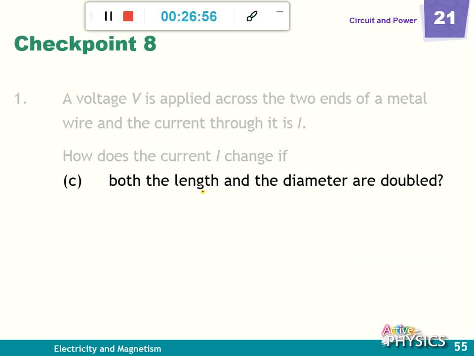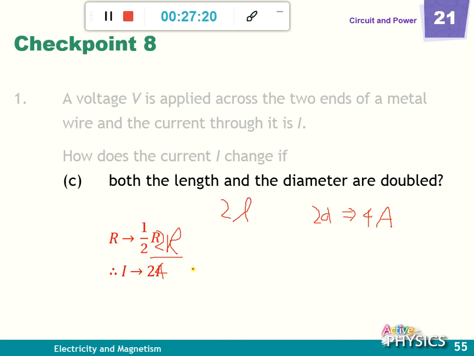Part C. If both of the length and diameter double, what will happen? For length double, R will be double. But if d is double, then area will be 4 times. Okay, then this one will be over 4.